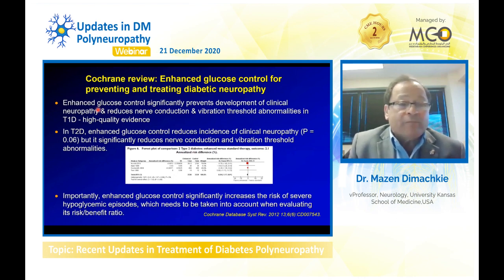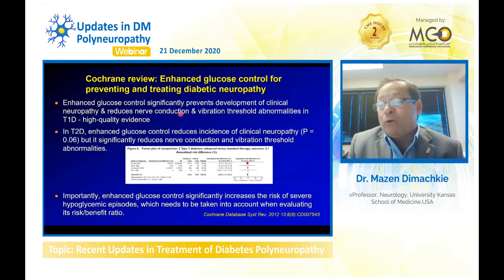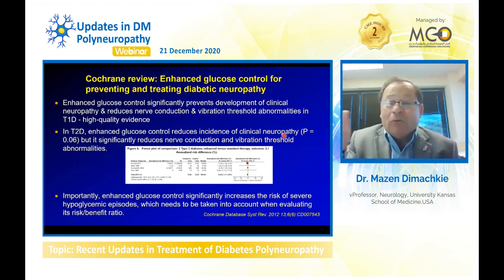Thank you. Now, this reaffirms what we already shared right now. Type 1 diabetes, no brainer, tight control, very good. With type 2 diabetes, in this Cochrane review, it shows that the p-value to indicate that tight control reduces the frequency of clinical neuropathy in diabetes was close to significance.